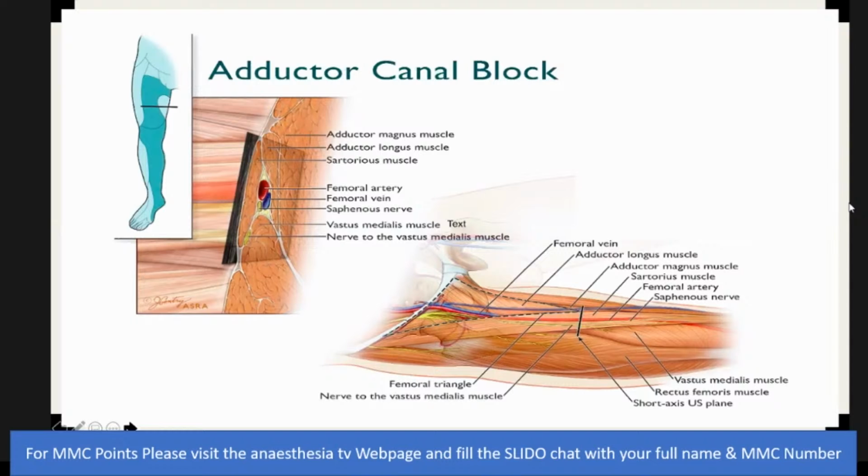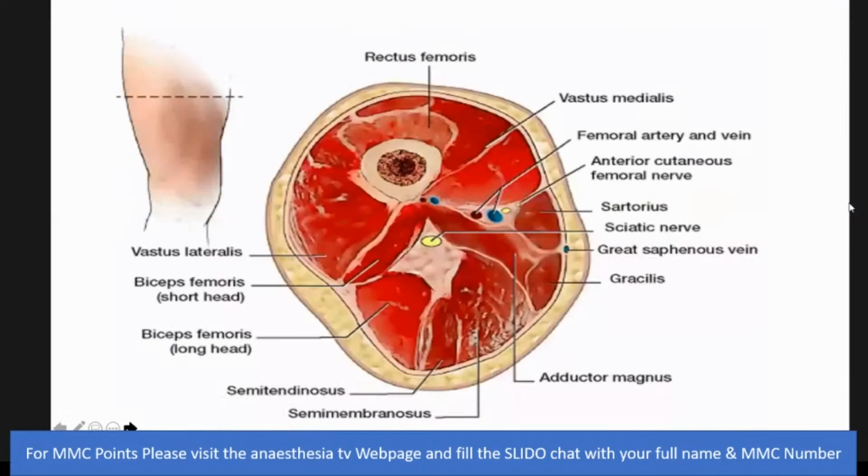The contents of the adductor canal are femoral artery, femoral vein, saphenous nerve, nerve to vastus medialis, and posterior branch of obturator nerve.